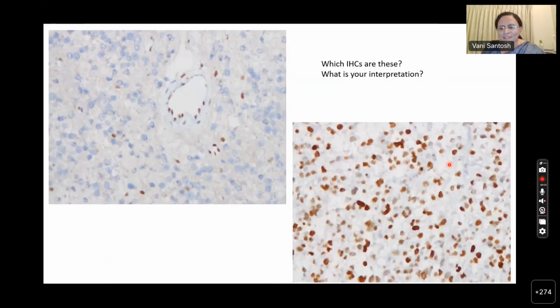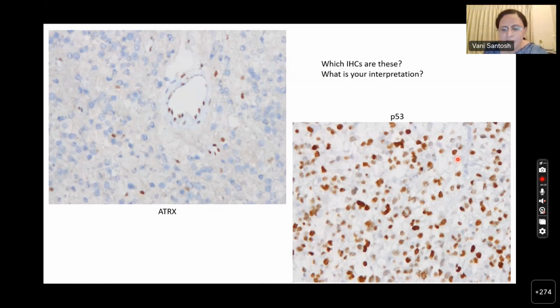Then your other two favorite markers. Let me tell you what they are. Left side is ATRX and right side is P53. What does ATRX show? Negative for the malignant cells. So we'll say that it is ATRX loss of expression.